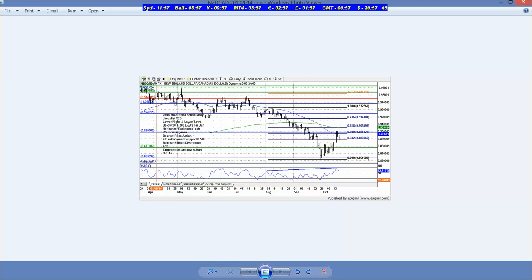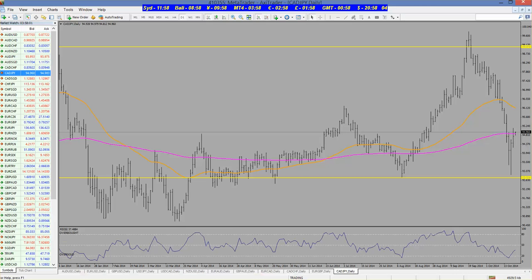Lower highs, lower lows, horizontal resistance, fib retracements, bearish hidden divergence. Fibonacci's good. It came off the 50. It's come off the 50 EMA. It's all good. The Kiwi and the CAD are both commodity currencies.